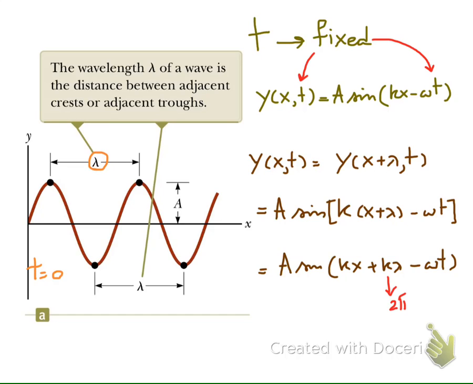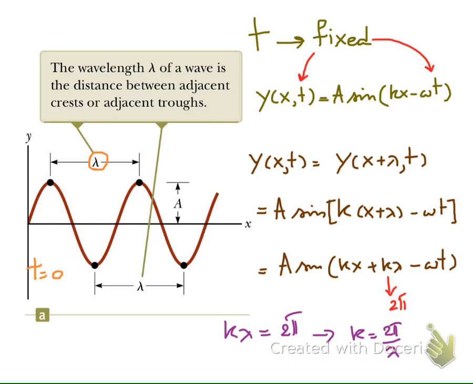So k lambda is equal to 2 pi, or k is equal to 2 pi over lambda.